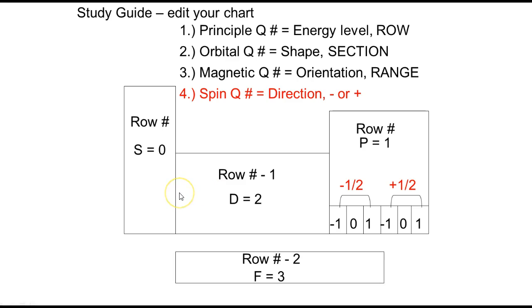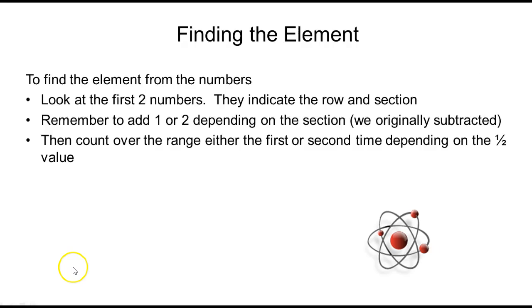Okay, stop and think about that and digest it. I said it's 4, 2, so 2 tells me what section it's in, and because I'm here in row -1, I'd have to add 1, so I'm going to move down to the 5th row. And then I'd count over to 0 either the first time or the second time depending on the 1/2 value.